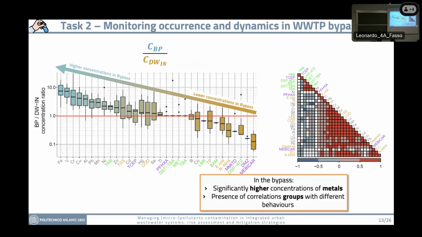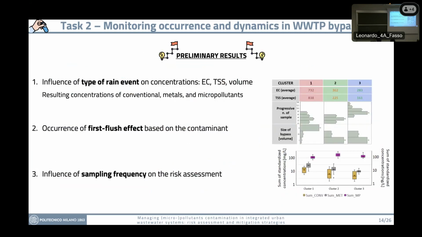And we saw that we have significantly higher concentrations of metals, but there is a presence of correlation between different groups of contaminants. And we found here the biggest group is the metals with the solids. But this work is currently, let's say, under construction. So I will talk about a few more analyses that we've done.